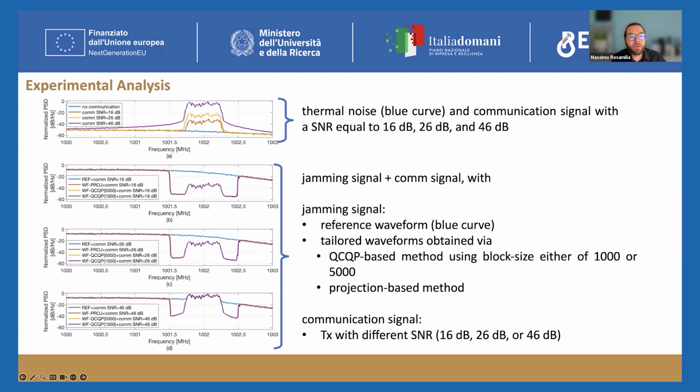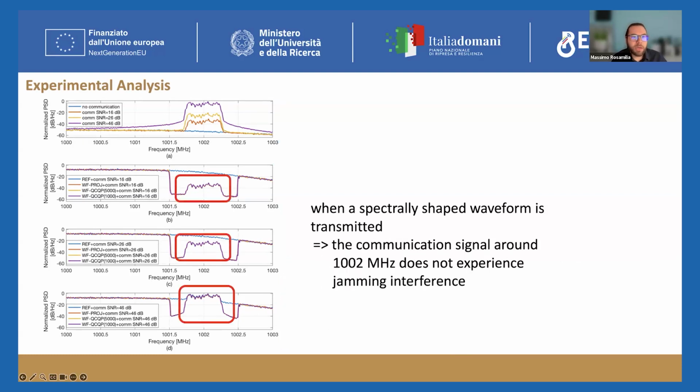And each of these figures refers to a different case. In particular, this one refers to the case of communication signal transmitted with an SNR of 16 decibel, the second one with an SNR of 26, and the third one with an SNR of 46 decibel. And basically, we can observe that when one of the spectrally shaped waveforms is transmitted, the communication signal, which is around 1 GHz and 2 MHz, does not experience any jamming interference.